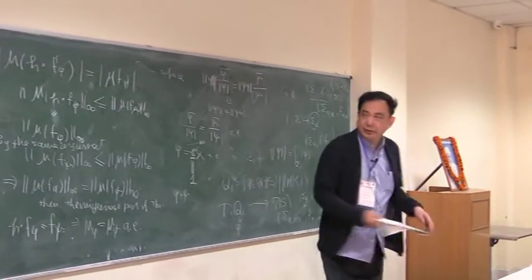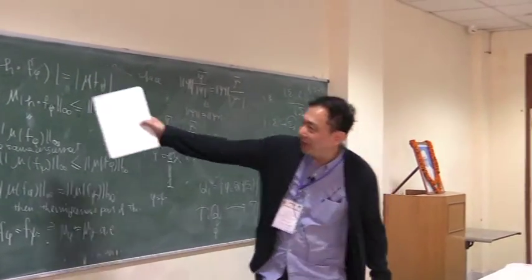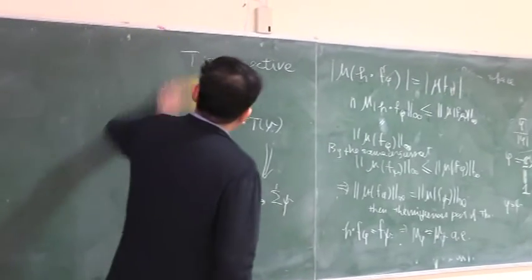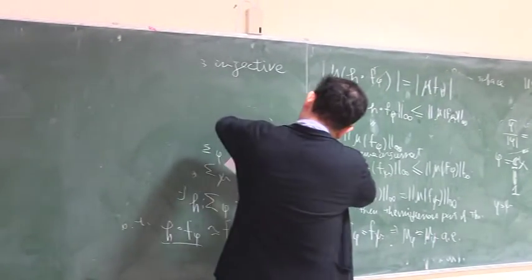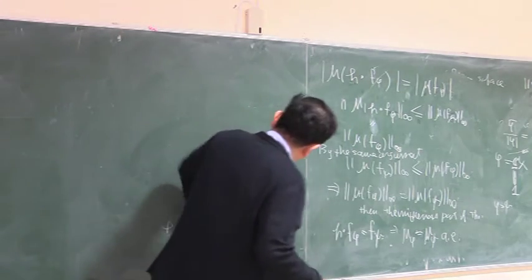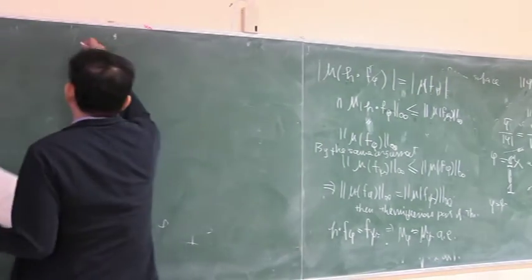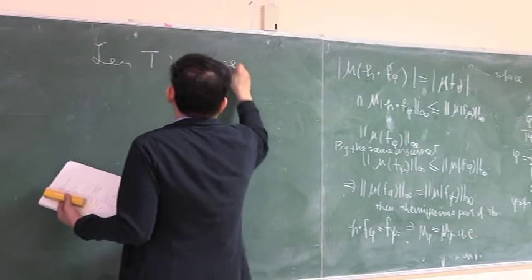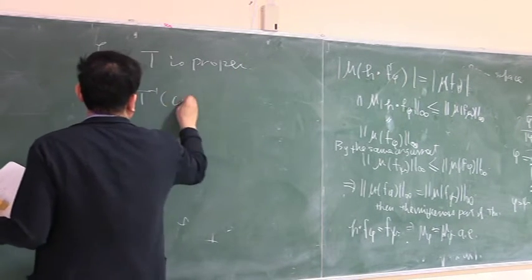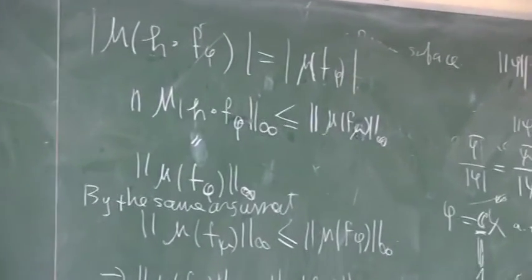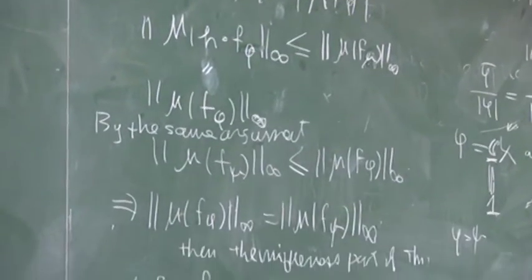Okay, so that implies that T is injective. And the next lemma is something like that. So T is proper, meaning that the inverse image of a compact set in the Teichmüller space is compact.